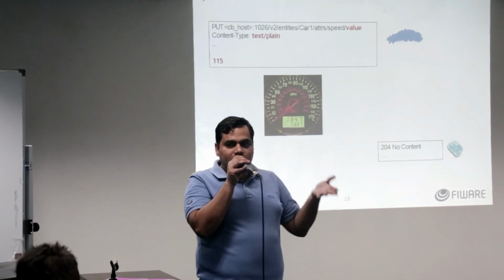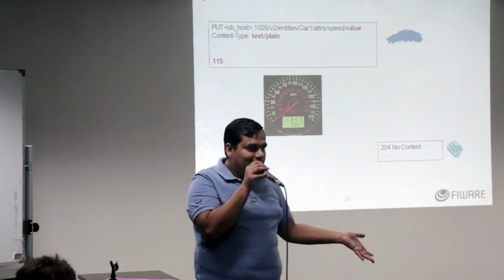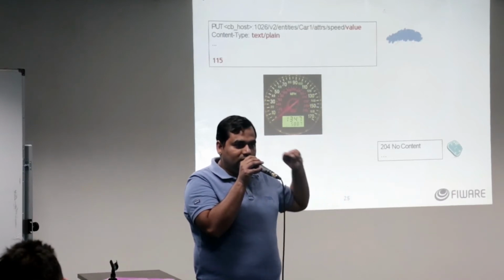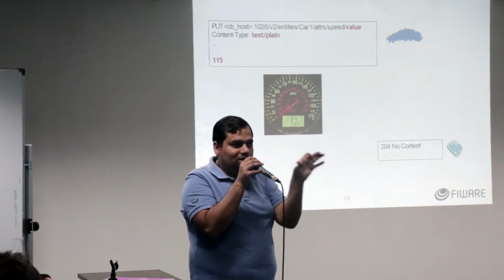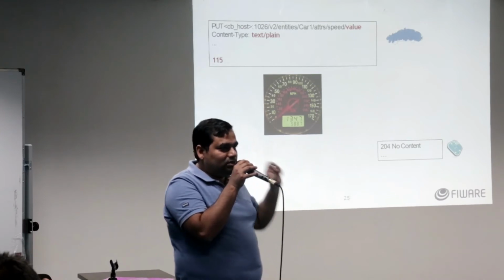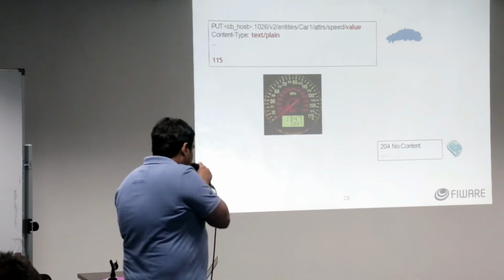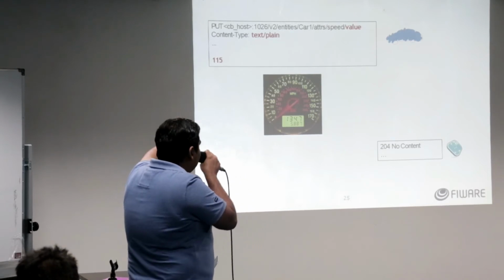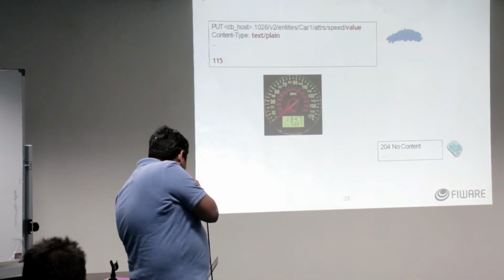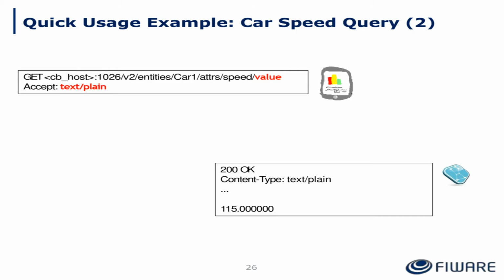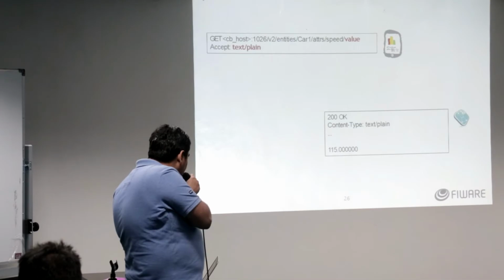If you want to consume less battery and so on, you need to have a small payload, as small as possible. You can achieve that by using text/plain. So you can set it to 115 now. You can see the speed is reduced. Similarly, you can do a GET like this.